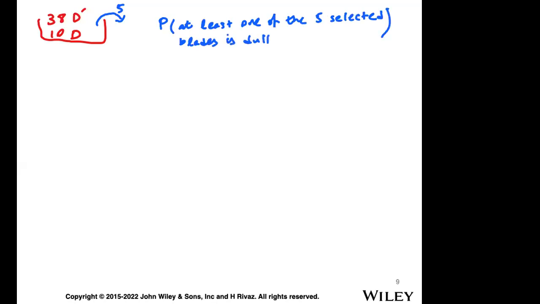And whenever you see at least, it's usually easier to calculate the complement, right? So instead of calculating at least one of the 5 selected blades is dull, I'm going to calculate 1 minus the probability that none of the 5 blades is dull, right? And now it's easy to do.